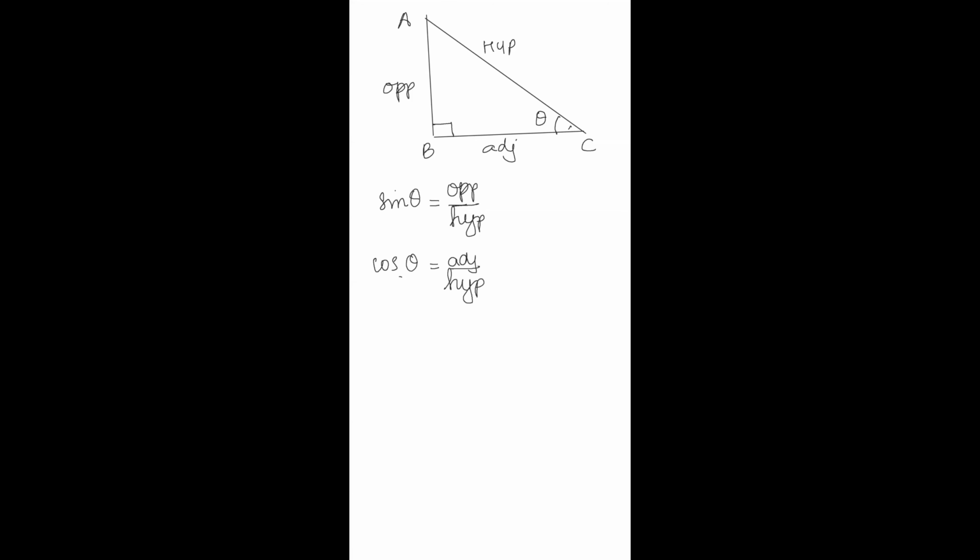Fantastic, you people remember everything. The next is tangent ratio, TANGENT, but we shorten that to tan. So this is tan theta. Tan theta is opposite upon adjacent. You're right. Correct.